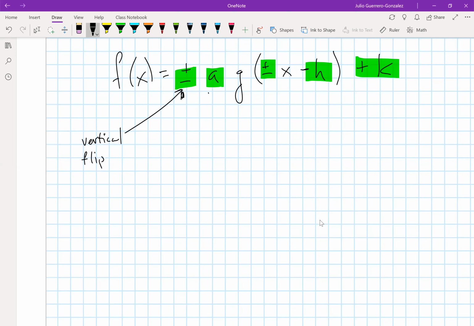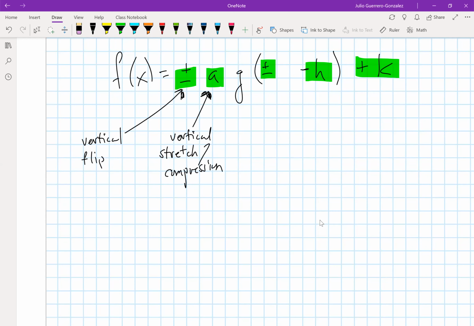Right? The A did what? Stretch or shrink. Right. What kind of stretch, vertical or horizontal? Yep, vertical. Vertical stretch or compression. All right.